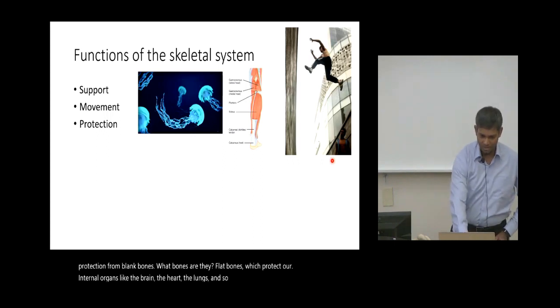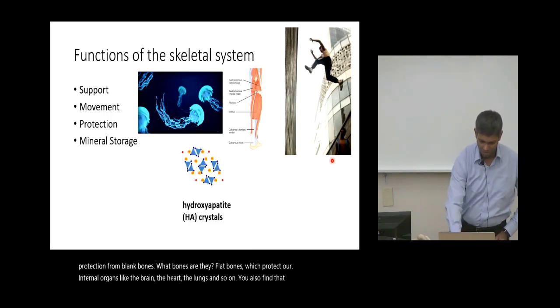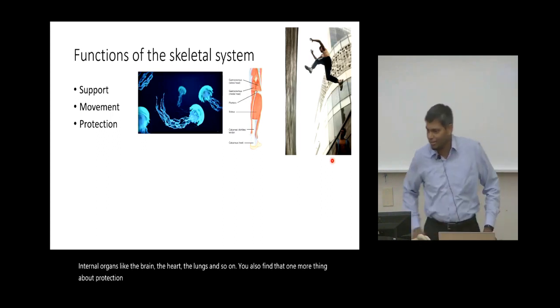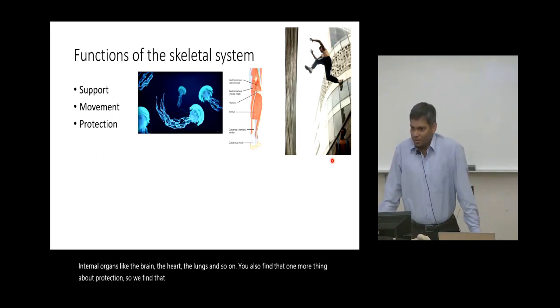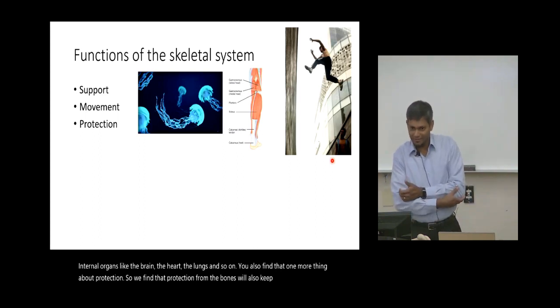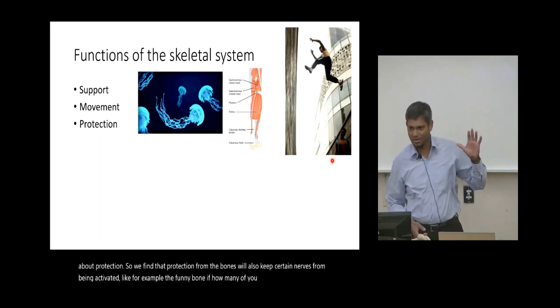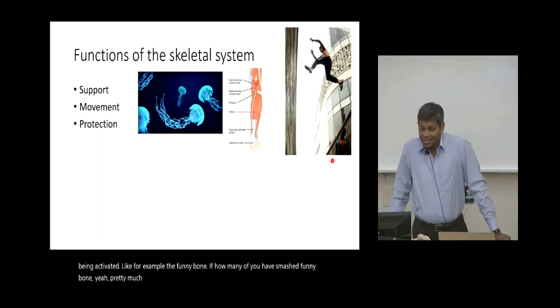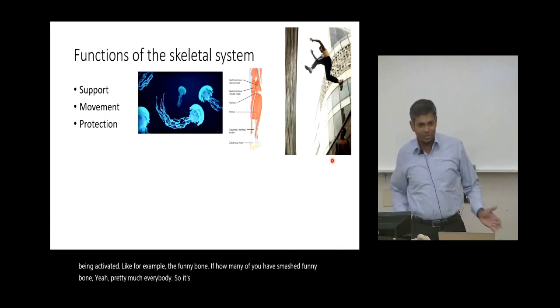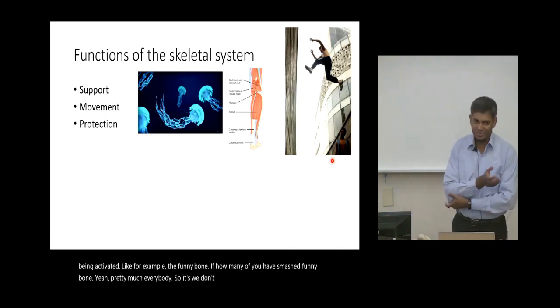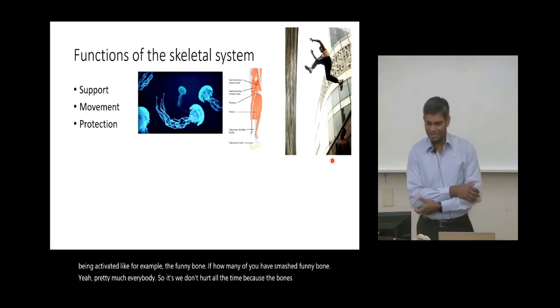We also find that, one more thing about protection. Protection from the bones will also keep certain nerves from being activated, like, for example, the funny bone. How many of you have smashed a funny bone? Right? Yeah, pretty much everybody. So we don't hurt it all the time because the bones are protecting us, right?